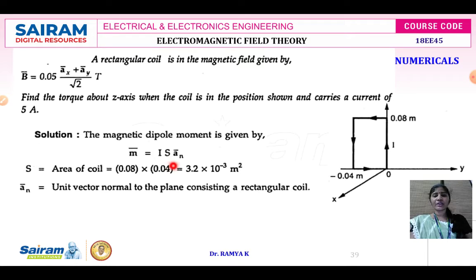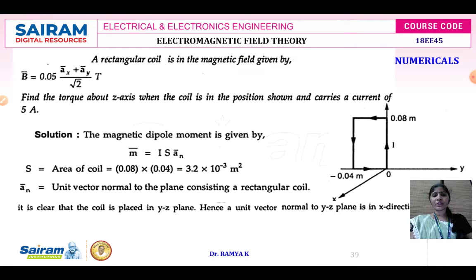S is the surface area. Here the surface area is 0.8 multiplied by 0.04, and a_n is the normal unit vector. After that, when you substitute, the value of current is 5 amps and the surface area is 3.2 into 10 to the power of minus 3.